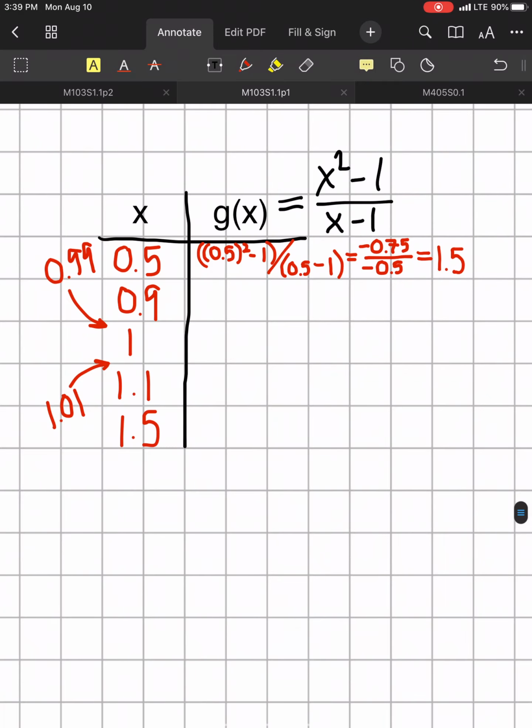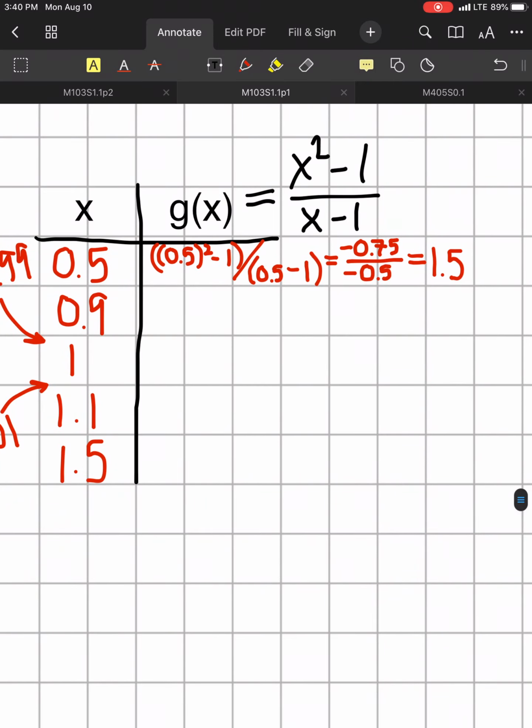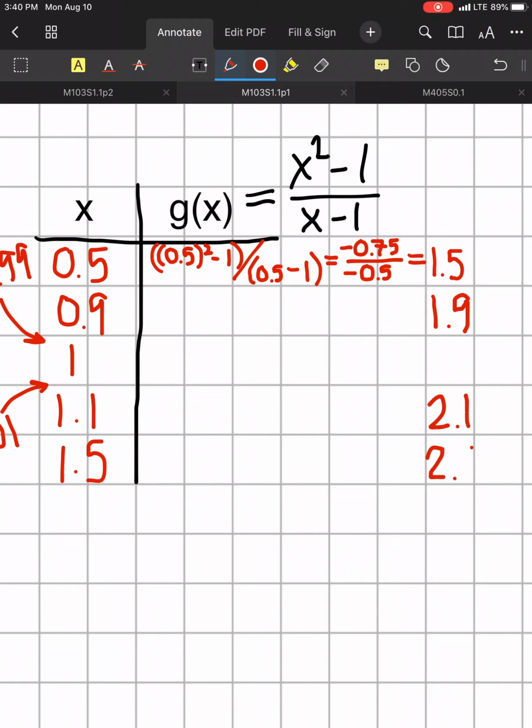We'll zoom back out. I'll fill in the others. I'm not going to go through the process of simplifying in the other cases, but here we would get 1.9, 2.1, and 2.5. Now what happens at 1?